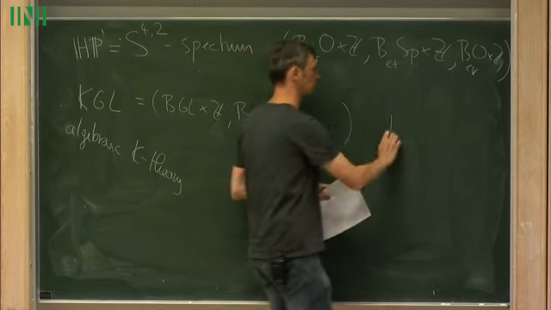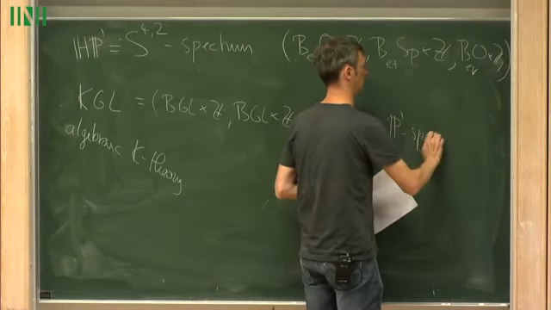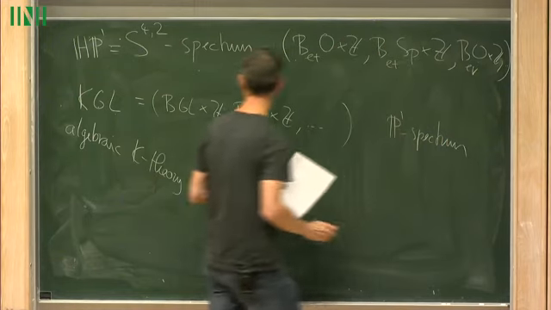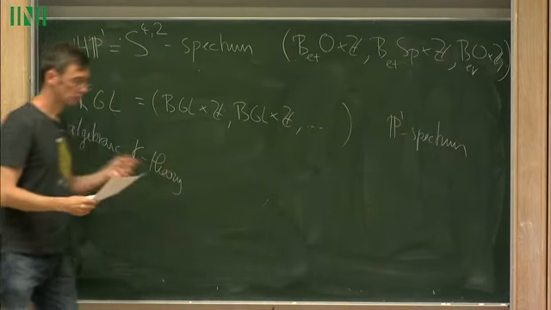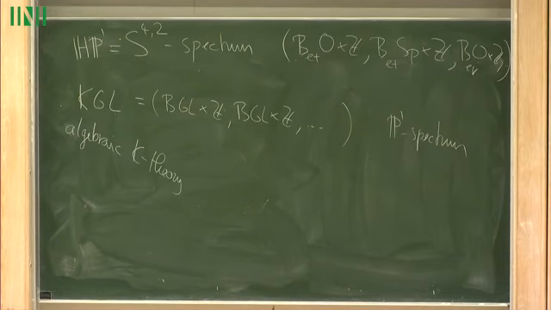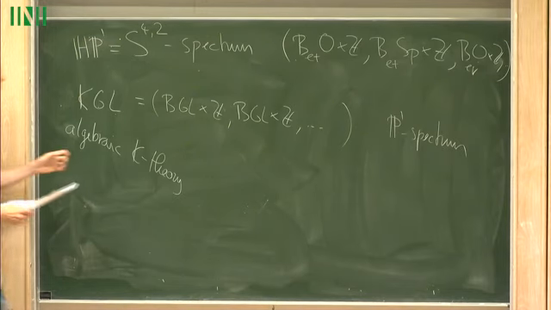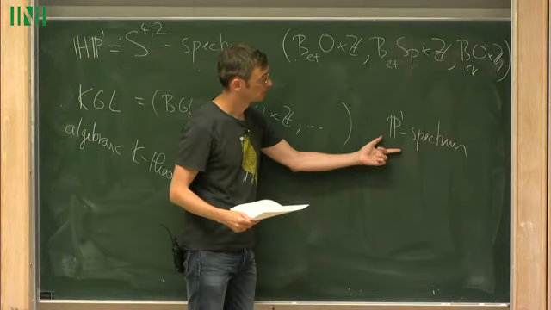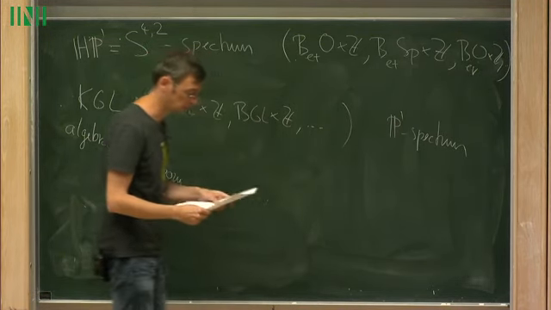So this here has a P1 spectrum. As you can see, it is 2-1 periodic. The structure map is given by a product with the difference of the trivial and the tautological line bundle on P1.